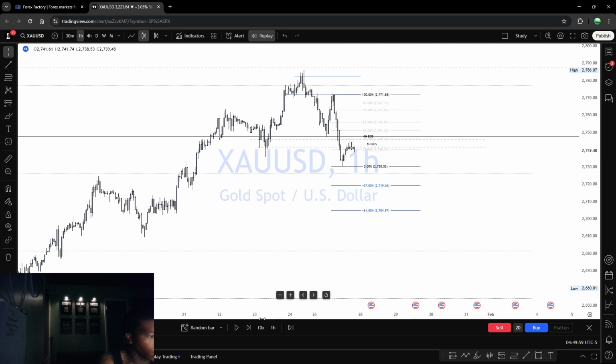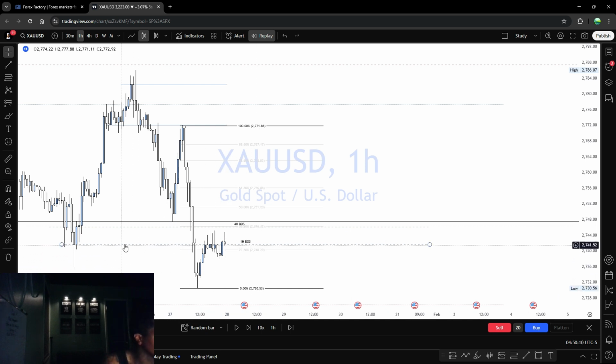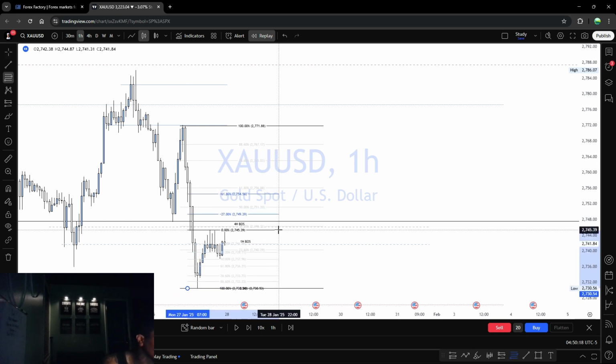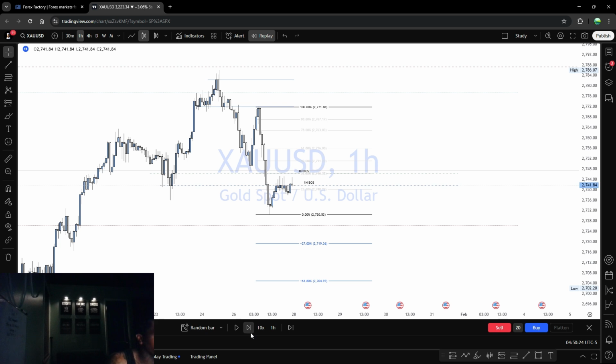Let's see. Okay, so let's let this do this because at your impulse and correction, this looks like it could be forming that. So let's see if price gets to this low, see how it reacts then.